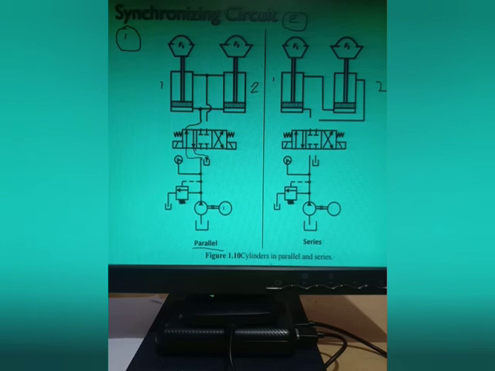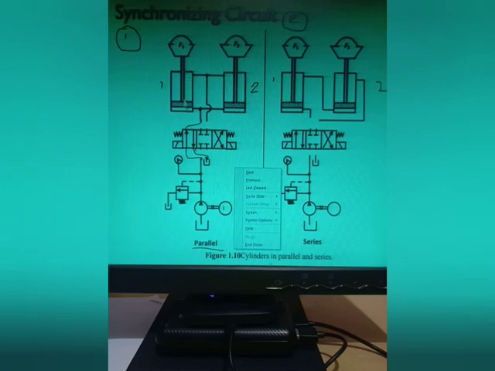So the oil will flow from the pump to this line, and from here the oil will go to actuator number 1 and actuator number 2. As the oil is simultaneously going to both actuators, they will move in the forward direction.